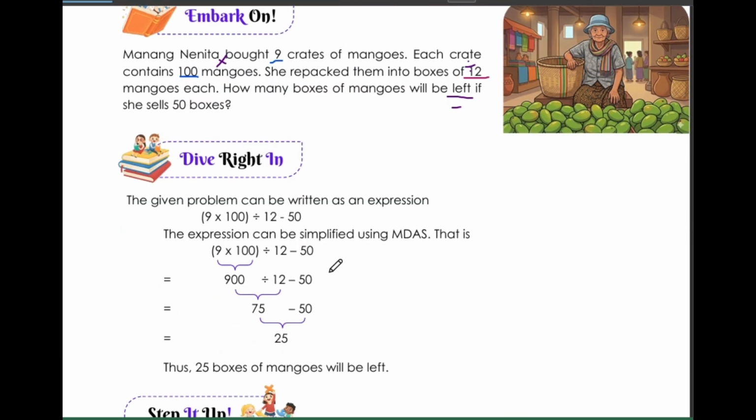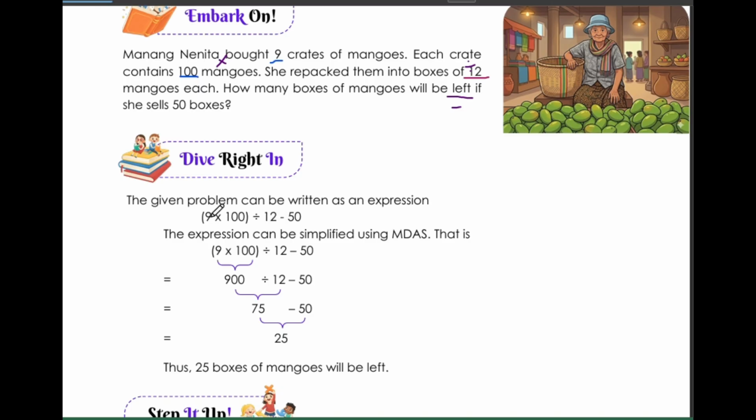So let's try it. Though we cannot use parentheses here, in order for us to know which goes first and so that we will not be confused, we put parentheses for multiplying 9 by 100.